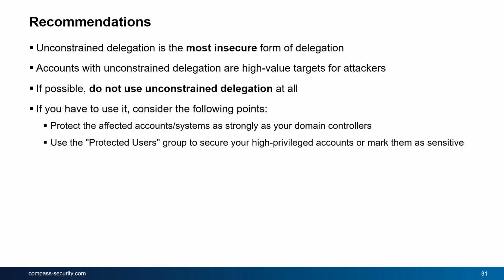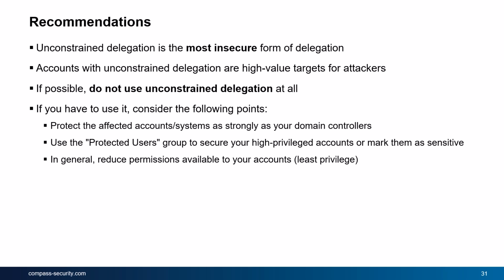Then, if you cannot entirely prevent the compromise of the system, you might think about addressing the consequences. So if an attacker compromises a system configured for unconstrained delegation, you might at least use the Protected Users group to protect your high privileged accounts, or you can also mark them as sensitive so they cannot be used in the delegation process.